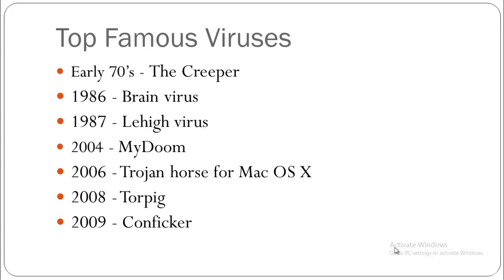After that, we had the Robert Memory virus, the Trojan horse for Mac OS X, Torpig, and Conficker. So these were also important, but we had other types of viruses such as the Robert Morris worm, that invaded ARPANET computers and disabled 6,000 computers on the network by overflowing their memory banks with copies of itself.